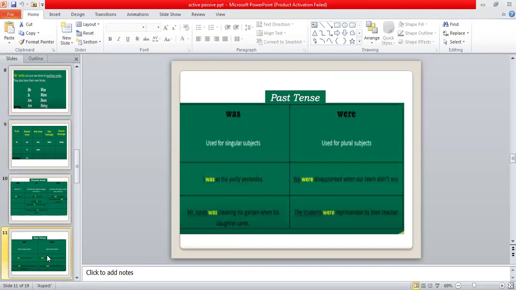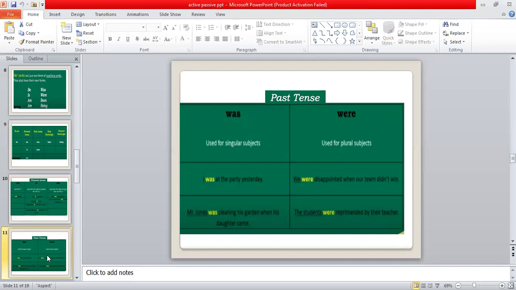Yes, this is the past form of be, was and were. With the singular subject, we use was, and with the plural subject, we use were. So this is the main difference between the usage of was and were. And always remember that they are always used in a sentence which is written in the past tense. And how would you know that the sentence is written in the past tense?